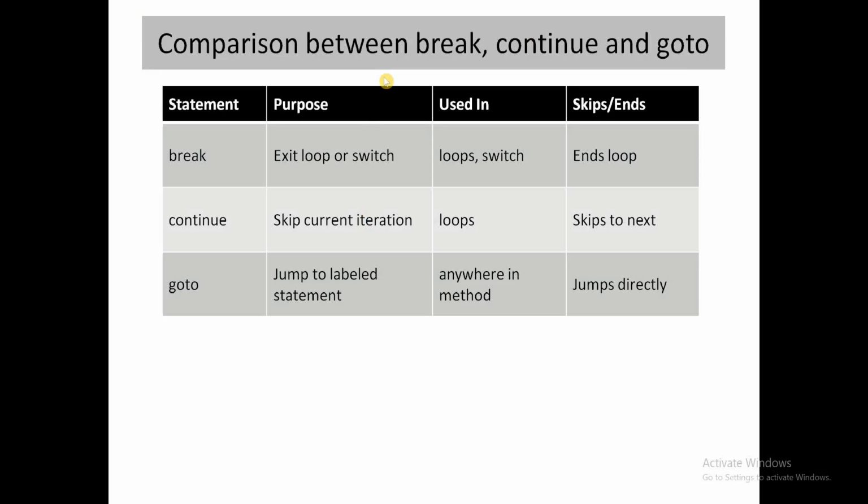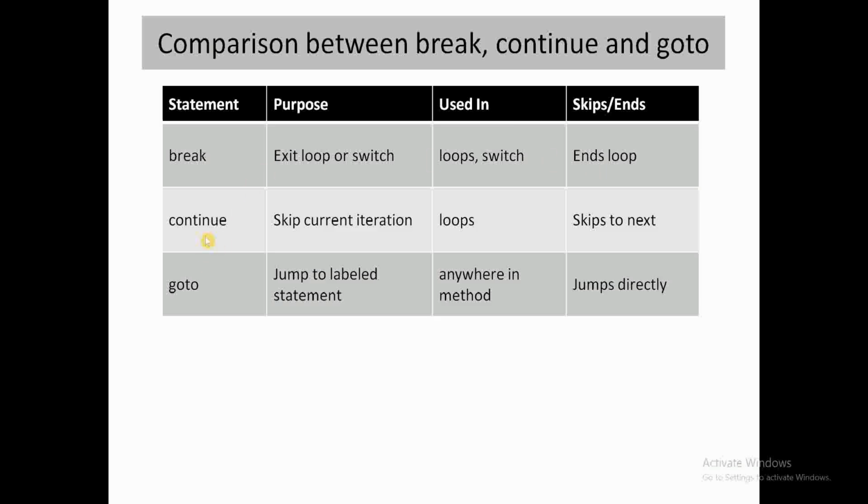Next we have a comparison between break, continue and goto statements. Here is the purpose and usage, and first we have the break statement. The break statement is mainly used if we want to exit the loop or stop the execution of the process in the loop. We can use that in loops and switch case, as we already saw in our last lecture, and it directly ends the loop or stops the further execution.